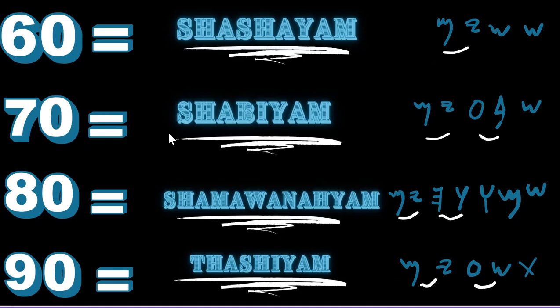Shabayim, Achad Shabayim, that's 71. Shanya Shabayim, 72. You see, it's basically the same process.